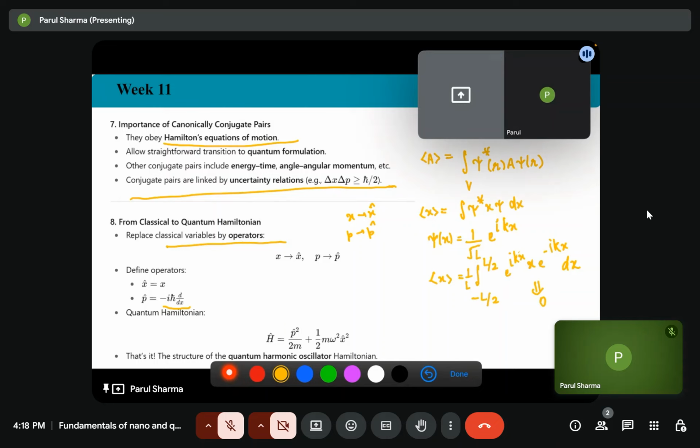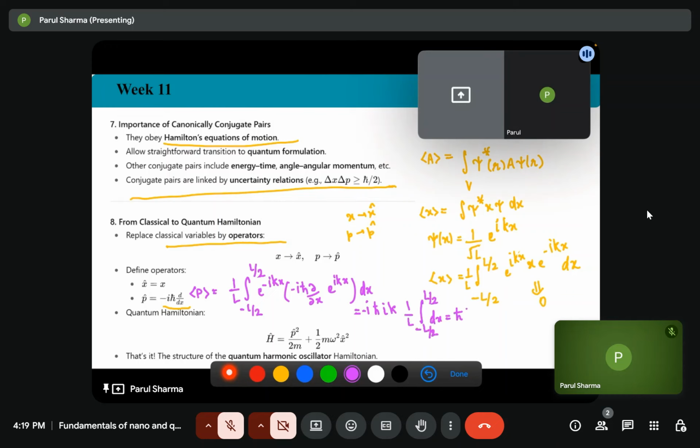Now the value of p. So similarly, minus iota h cross k, 1 by L, from minus L by 2 to L by 2, dx, and it will give you h cross k.